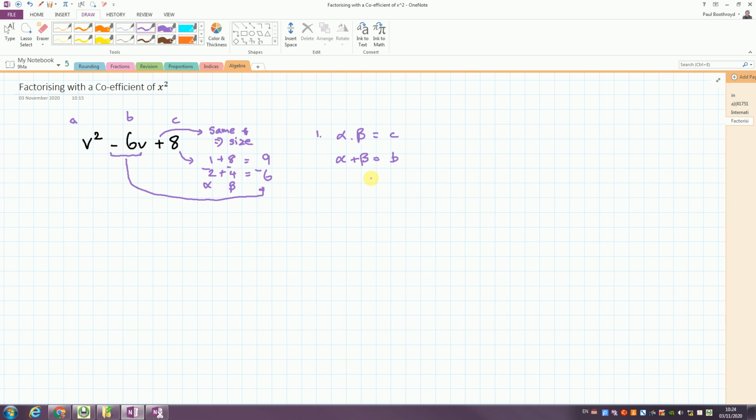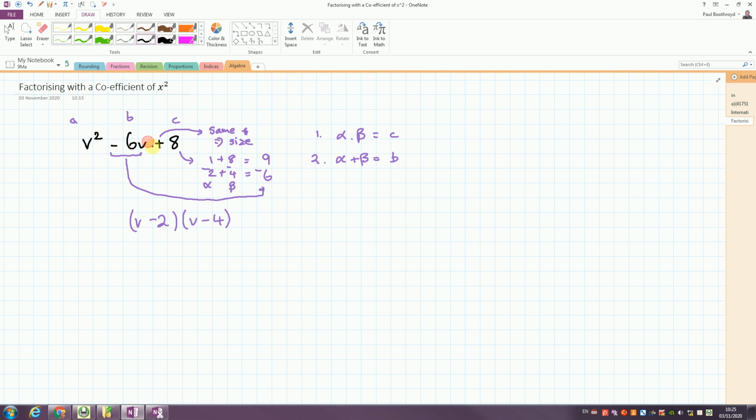Okay, so I must have those two things being true. In this case they are, so therefore my bracket is v minus 2 and v minus 4. That's the logic we were using.